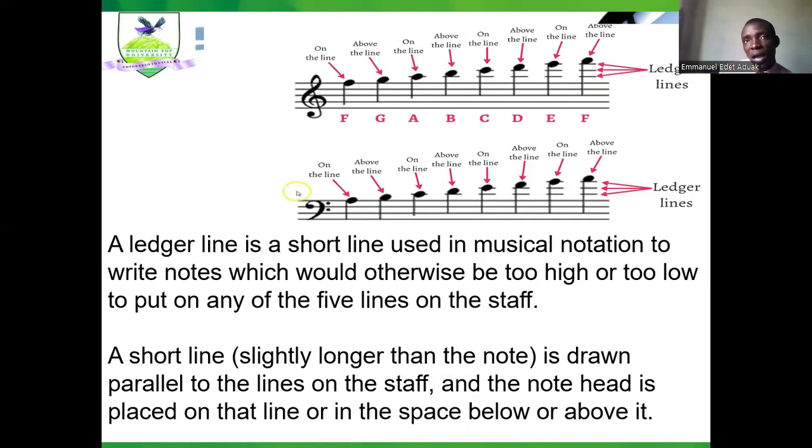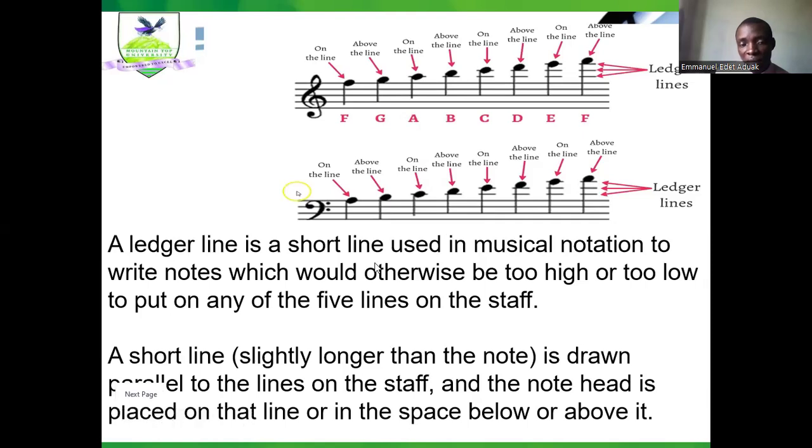These lines indicate notes whose pitch is not within the confines of the 5 lines and 4 spaces. It could be very high or very low. So additional lines are called ledger lines.